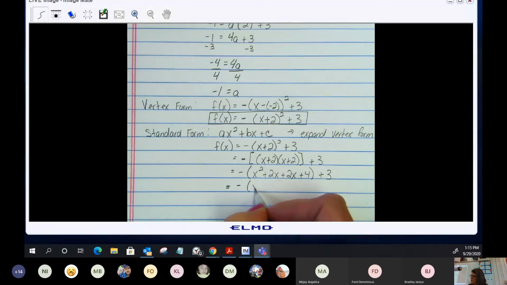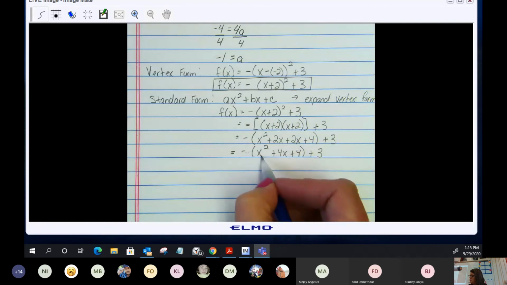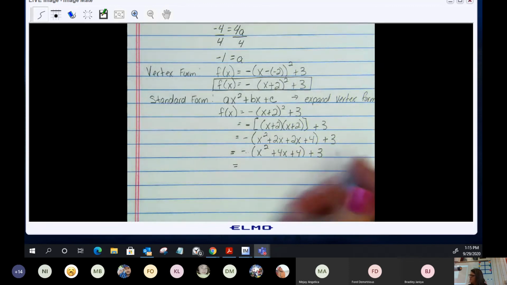Again, you could probably do this in fewer steps, depending on your level of comfort. 2x plus 2x is 4x, plus 4. And now that plus 3 comes in at the end. Now let's go ahead and distribute that negative.